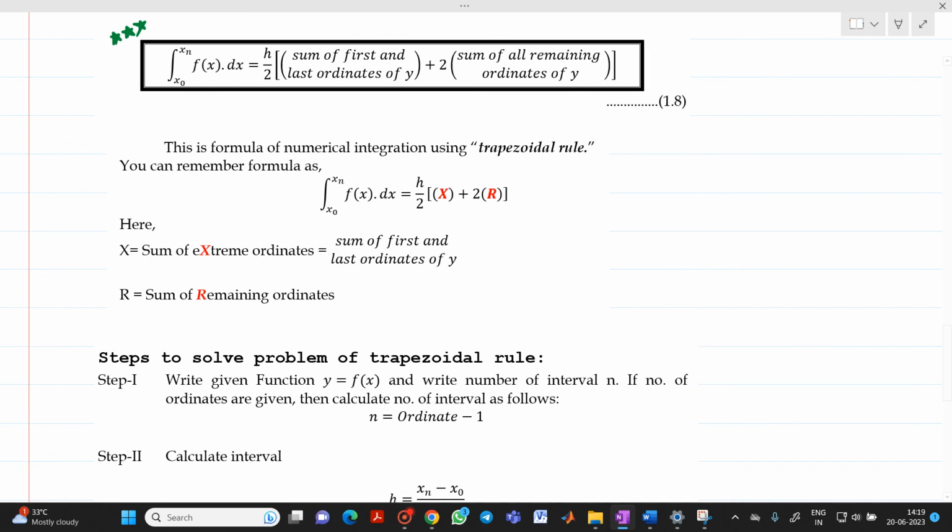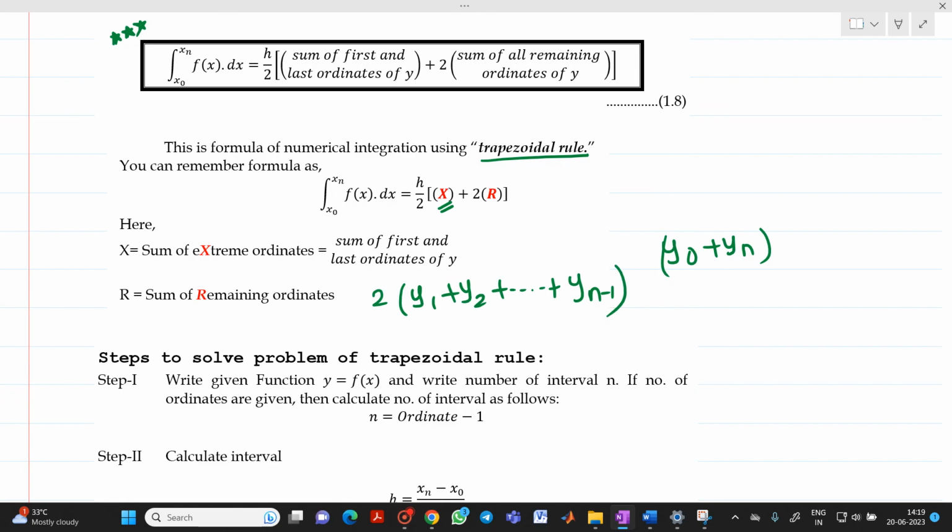This formula is called the trapezoidal rule. Simply, we can represent it as the sum of the extreme terms, y0 plus yn, and the sum of the remaining terms, that is 2 into bracket y1 plus y2 up to y of n minus 1.